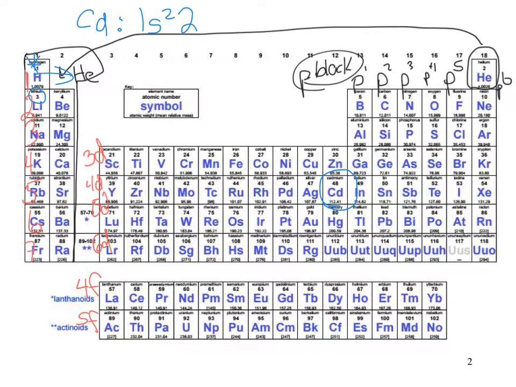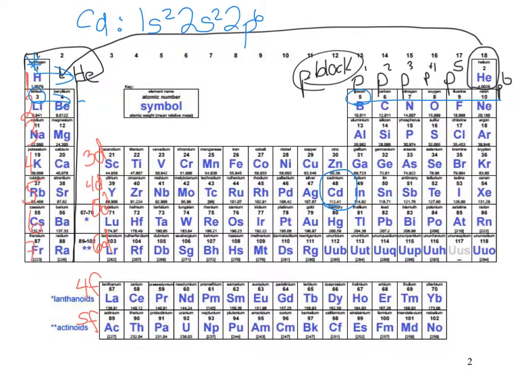That's in row 2, block s, and again, there are 2 elements that I need to go through. Then I go to the next element, which is over here at boron, and I'm still in the second row, but now I'm in the p block, and there are 6 elements that I need to get through.